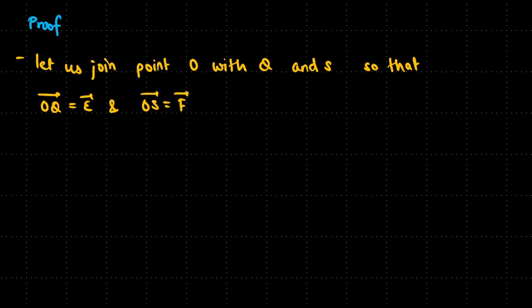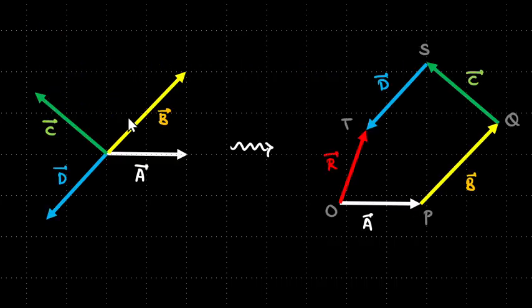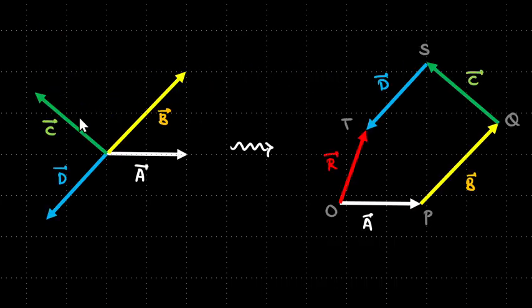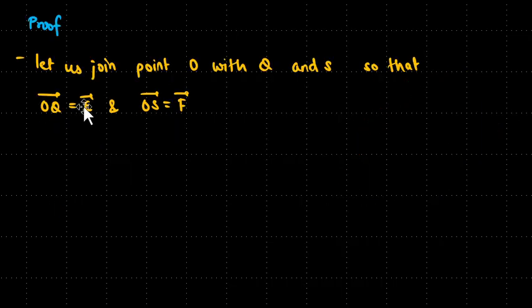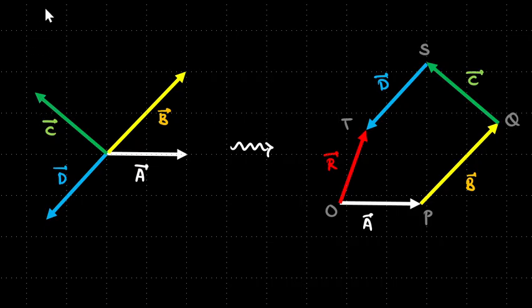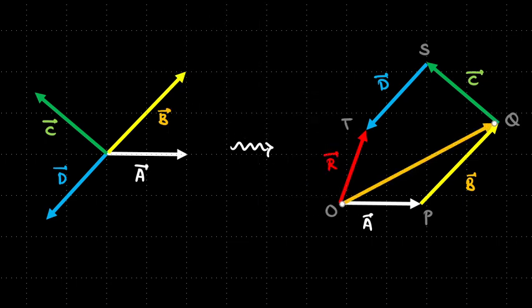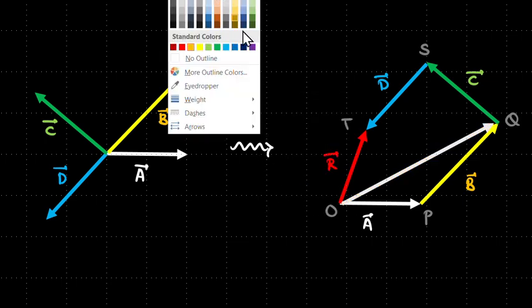And let vector OS be equal to vector F. Let's go back and draw what we see. Join O with Q and O with S. OQ vector will be vector E and OS vector will be F. I don't think I have enough colors to represent all of them. Let's see if I have all the colors.